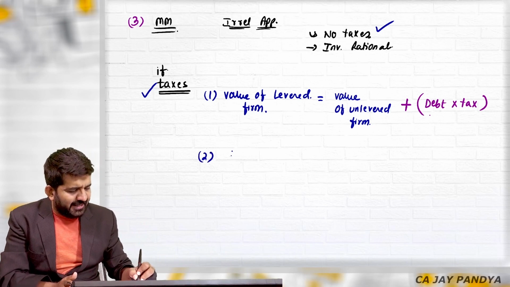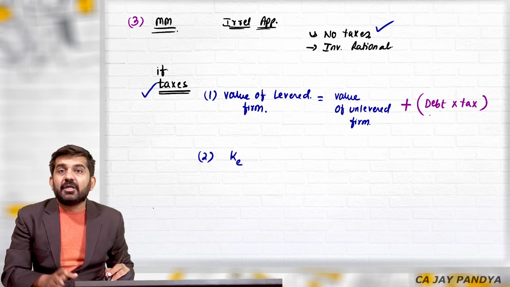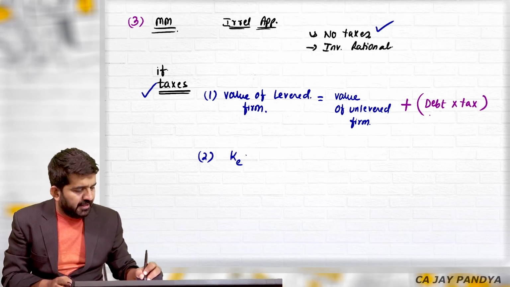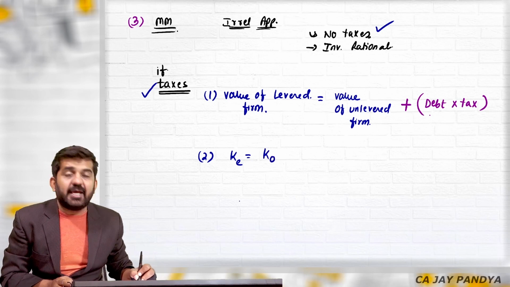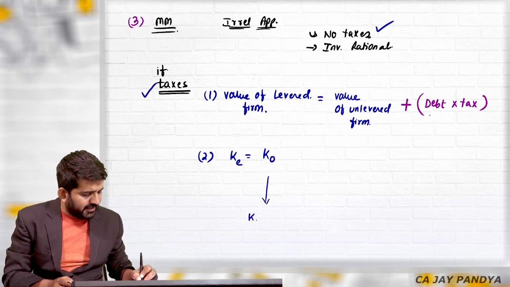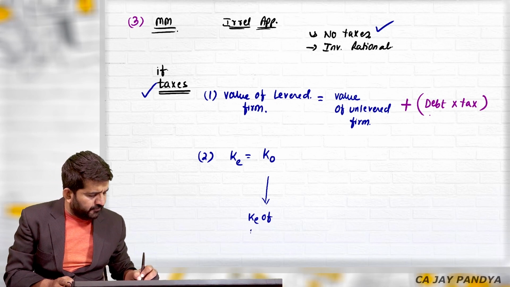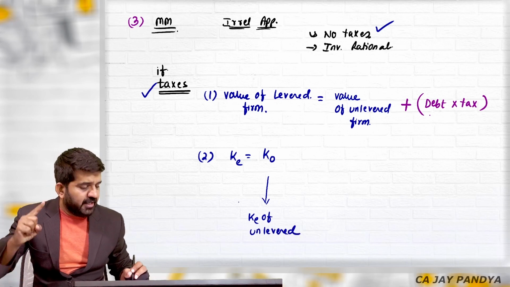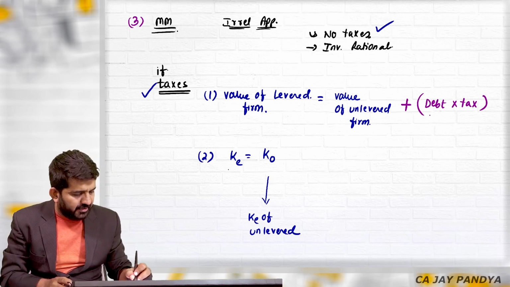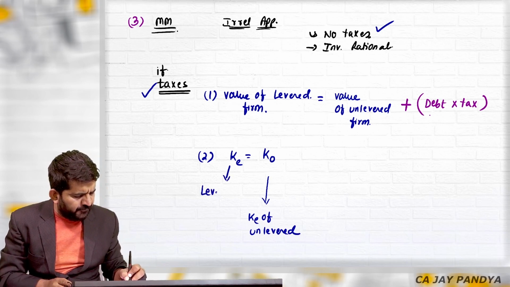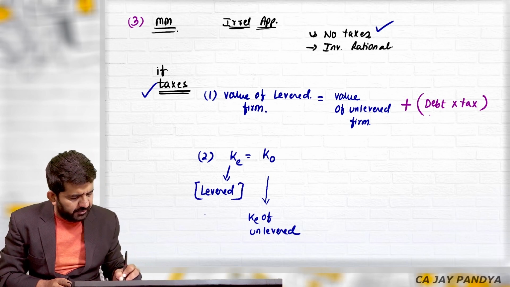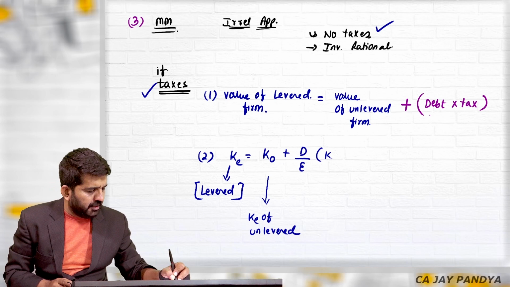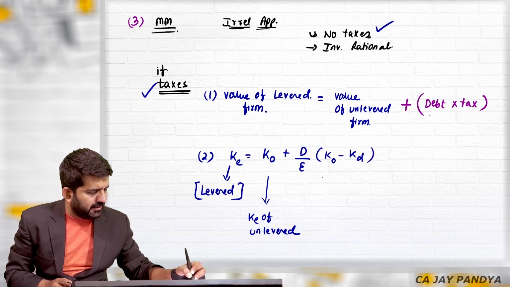And second, KE. This will work even if there are no taxes, even if there are taxes, right? KE is equal to KO, or KE of unlevered, because for an unlevered firm KE and KO are the same. This is KE of levered plus debt upon equity multiplied by KO minus KD.